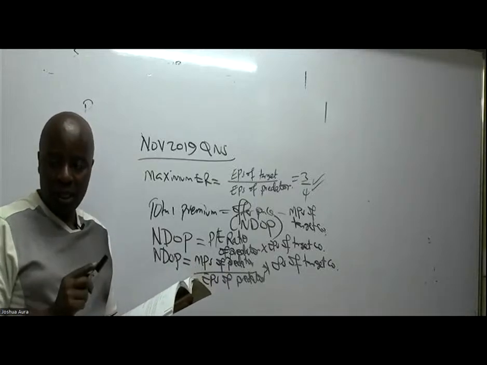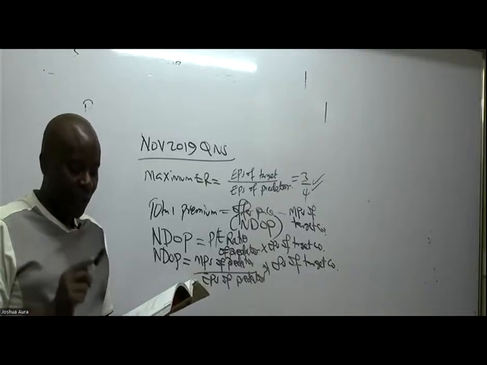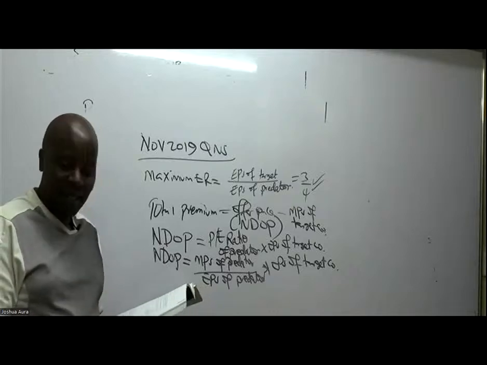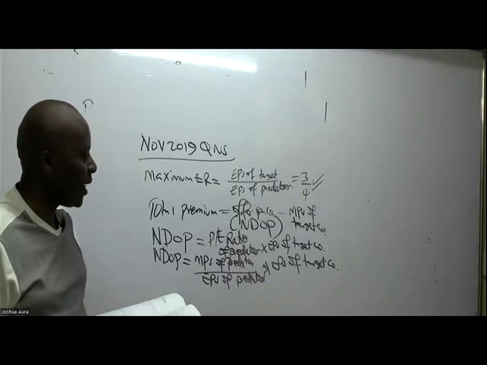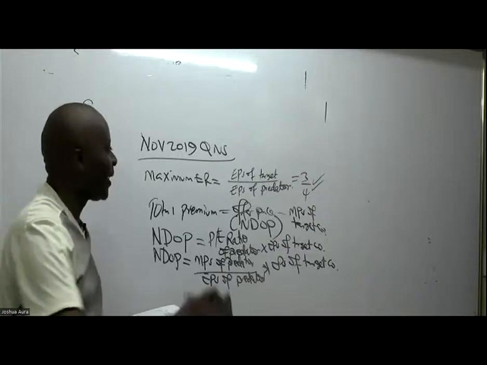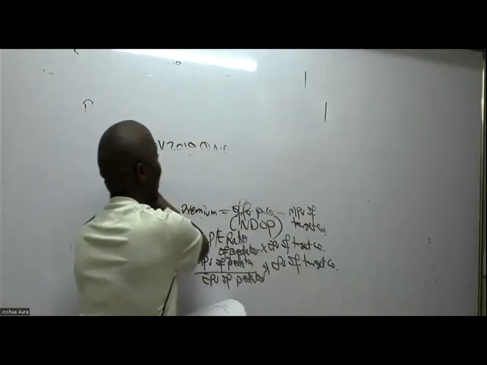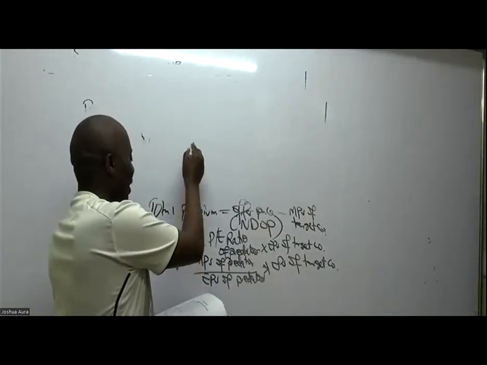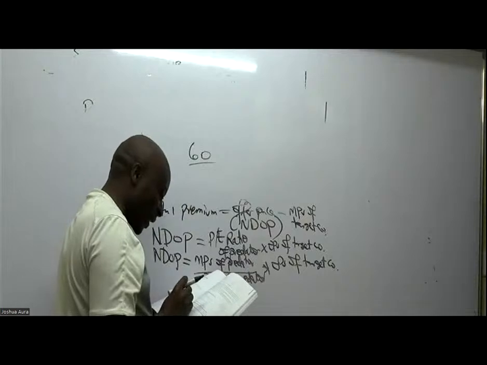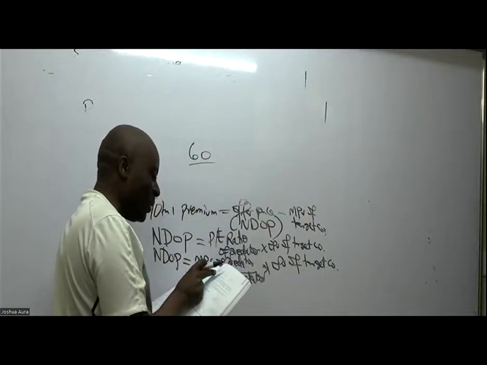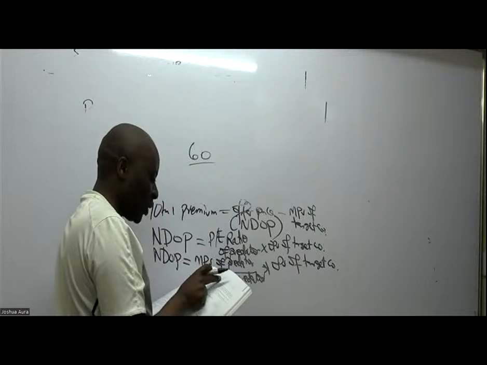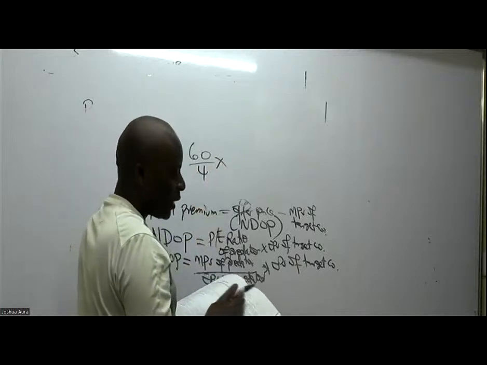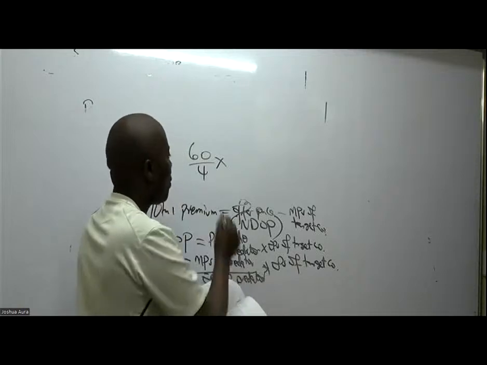So I'll take 60, divided by the EPS of company A, which is 4, times, ladies and gentlemen, the EPS of the targeted company, EPS of company 2, which is 3.